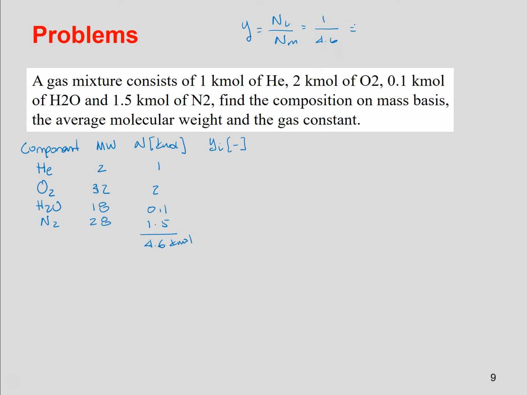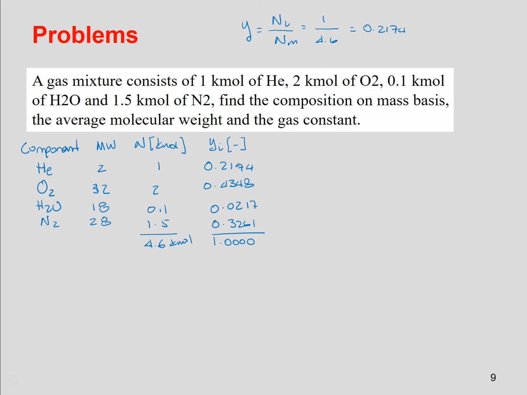This number is 0.2174. It's dimensionless since it's a ratio, and we do the same for the others. If we do it correctly, the summation should be 1. Sometimes when it is not, it is caused by rounding errors.